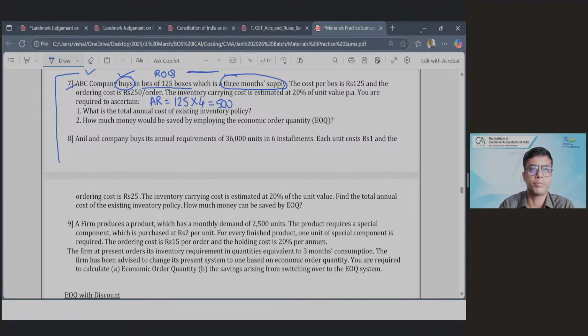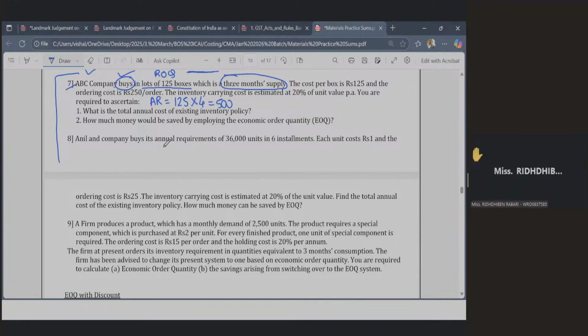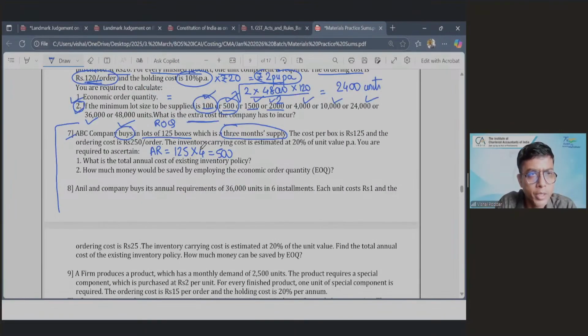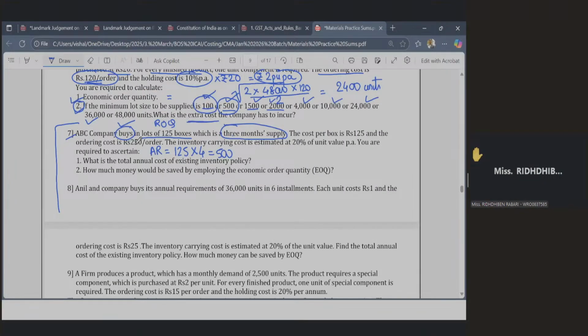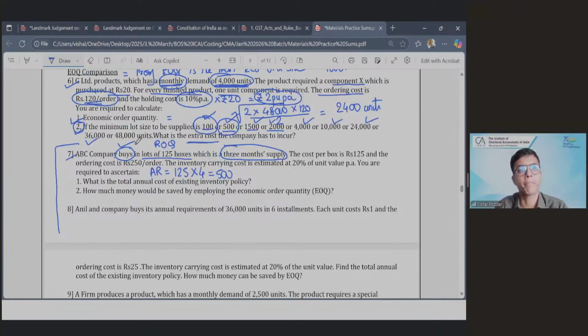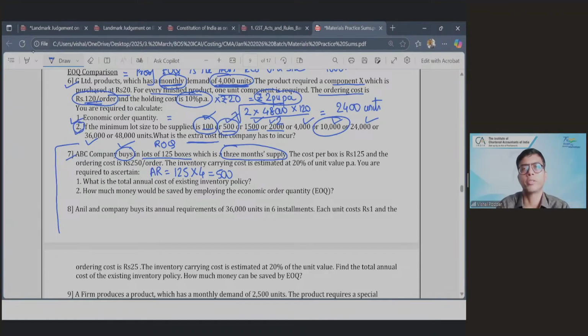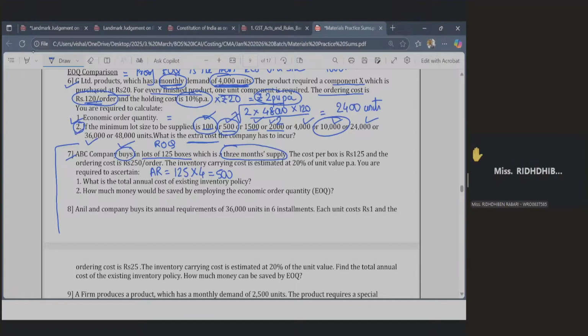Yes, Riddhi. Good morning, sir. Tell me, beta. Sir, in the previous question, it was 10,000 units, and when we divide 48,000 by 10,000, it comes to 4.8. Good point, Riddhi.